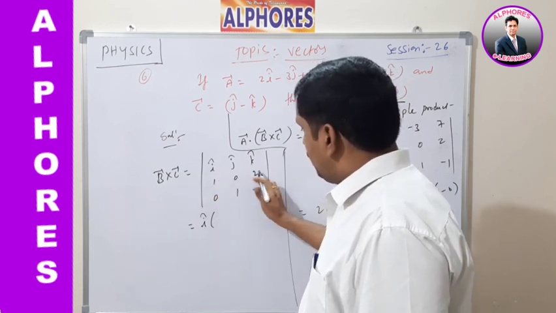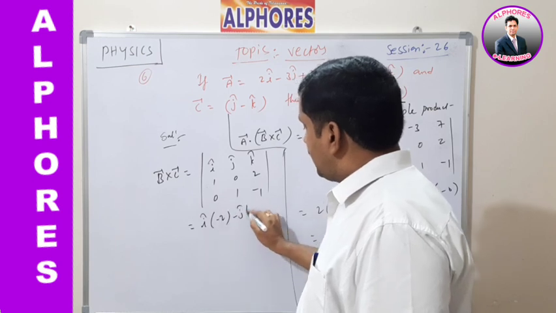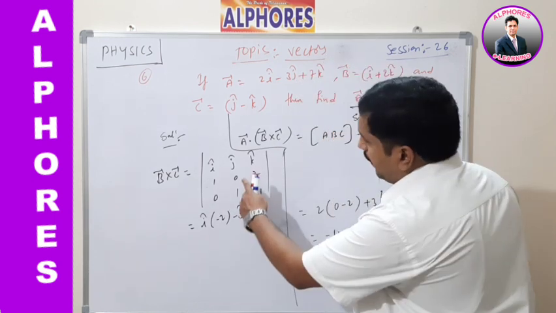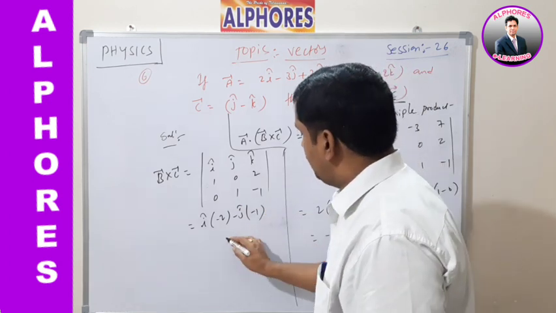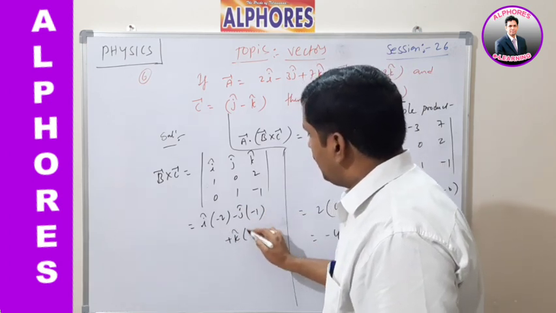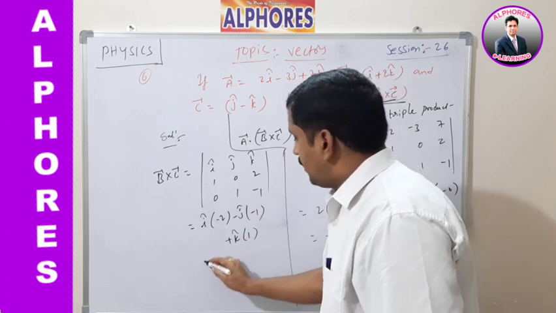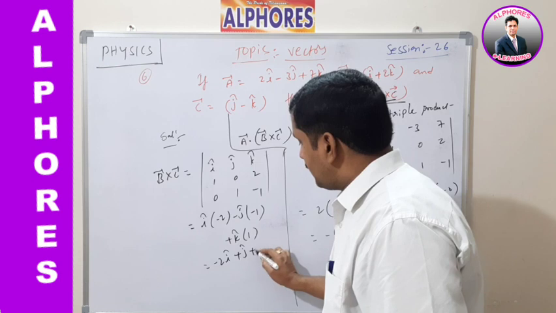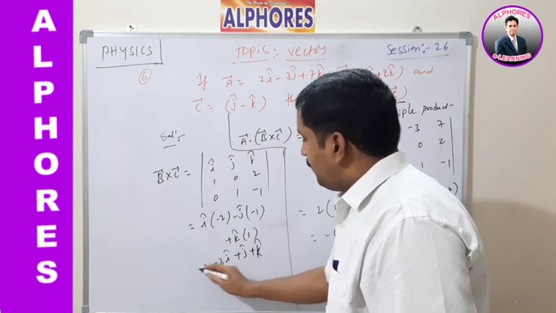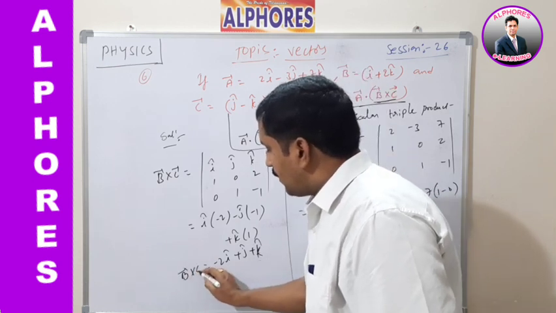Again minus J cap into (1 into minus 1, minus 1, the remaining factor 0). Again plus K cap into 1. That means minus 2 I cap plus J cap plus K cap. So this is the B bar cross C bar vector.